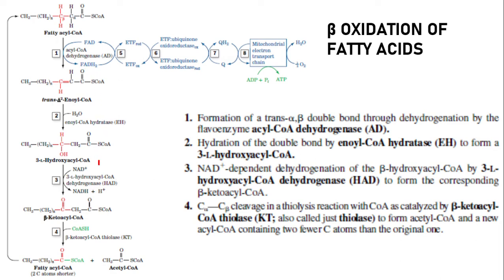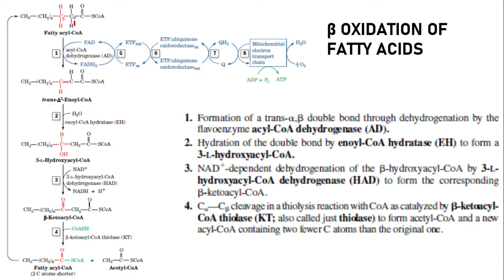Similarly, you can see here in the third step, NAD plus is removing two hydrogen atoms to become NADH plus H plus, and those hydrogen atoms are removed from this substrate. So because of the removal of hydrogen atoms, this pathway is oxidation. And why do we call it beta oxidation?